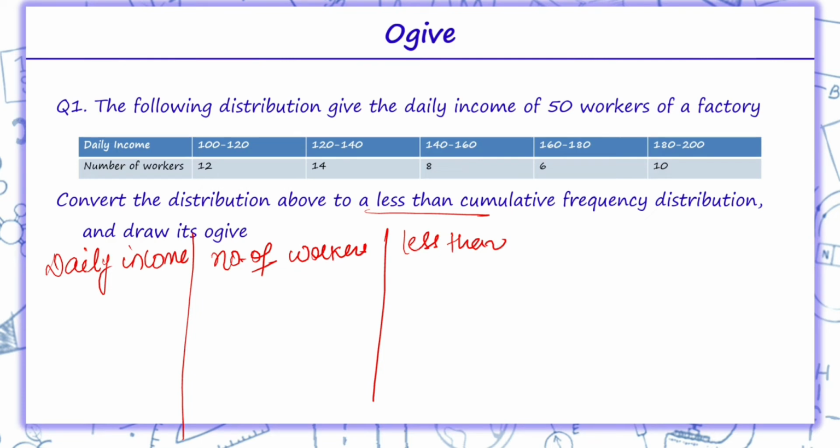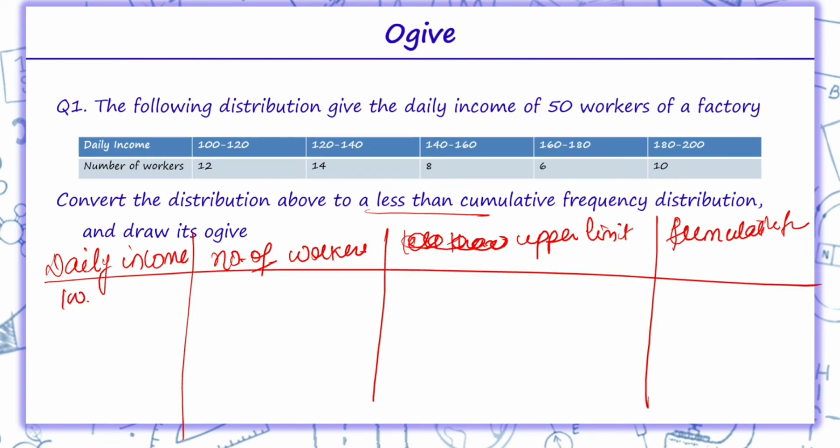For less than cumulative frequency, we will write over here upper limit, and then here we will write its cumulative frequency. So daily income 100 to 120, 120 to 140, 140 to 160, 160 to 180, 180 to 200. Number of workers are 12, 14, 8, 6 and 10.